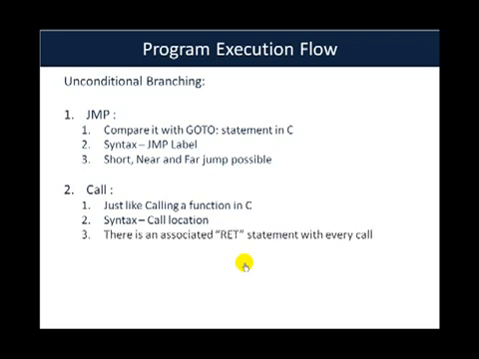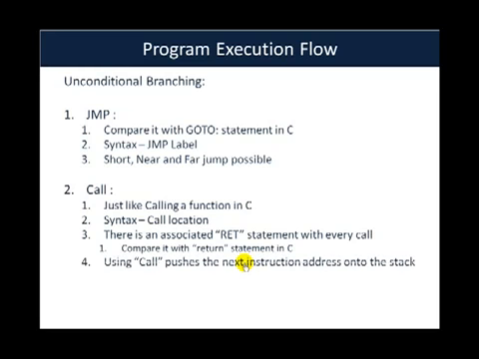The point to note here is that call is associated with a ret statement, which is generally there at the end of the called function. You can compare the ret statement with the return statement in C. However, there are some major differences, but just for a simple comparison.